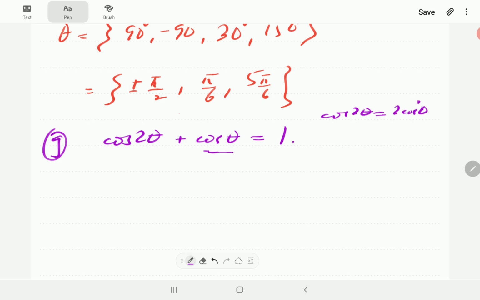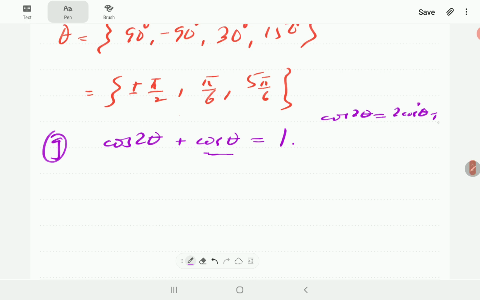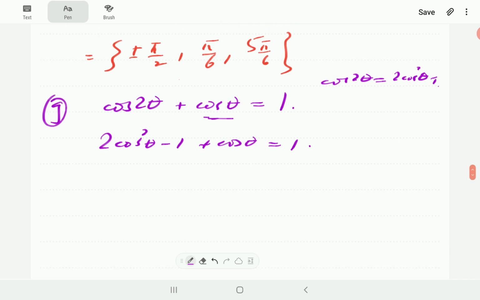So it's going to be 2 cosine squared theta minus 1. So I'm going to write this as 2 cosine squared theta minus 1 plus cosine theta is equal to 1.